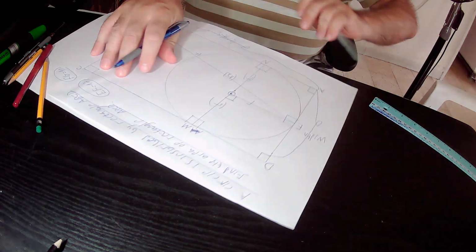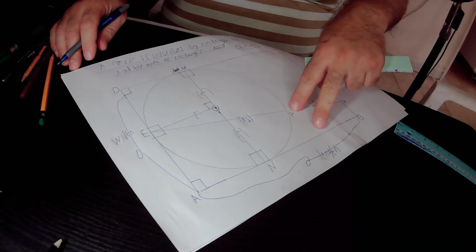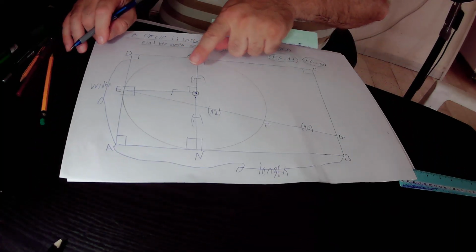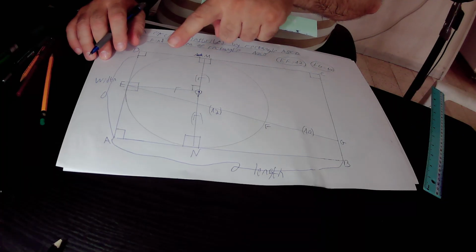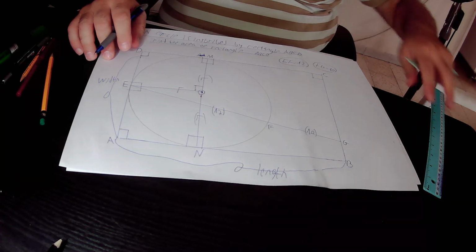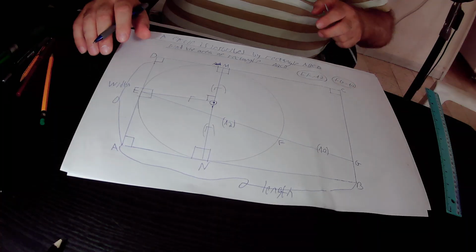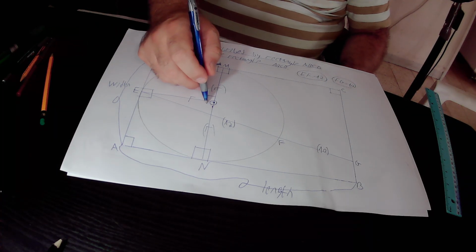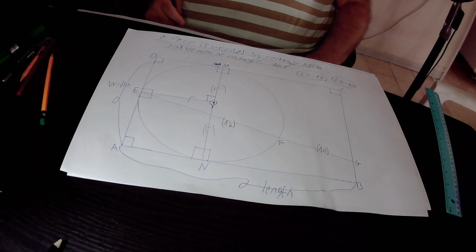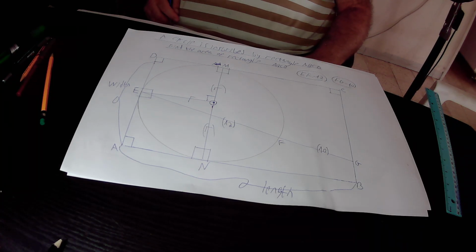Likewise, we'll focus on the lower quadrilateral EONA. Inside the lower quadrilateral EONA, we have 1, 2, 3 right angles. The sum of 3 right angles is 270 degrees, so 270 degrees plus the size of this fourth angle, in total they must be equal to 360 degrees, according to the same rule that the sum of the angles in any quadrilateral is equal to 360 degrees.